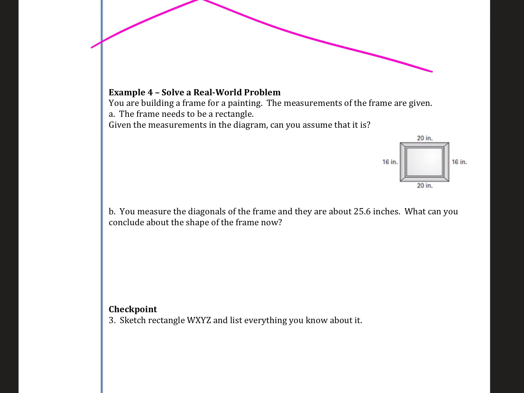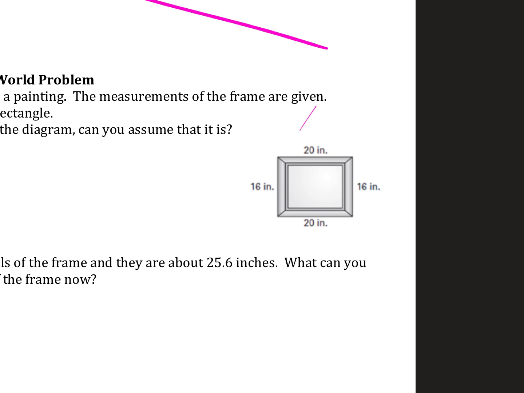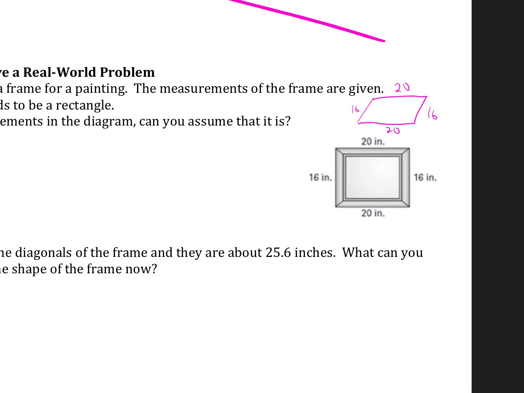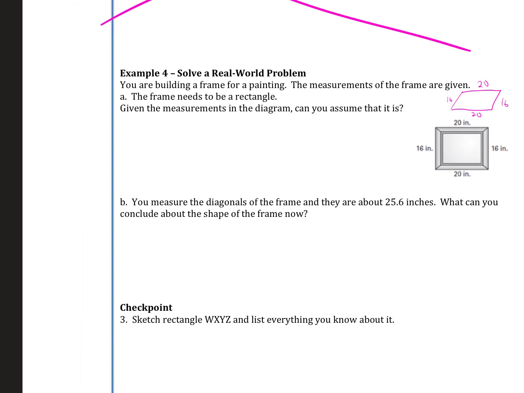What makes something a rectangle? Well, a rectangle is going to have 4 right angles. We can't really tell that these angles are right angles. We could, if I were to accentuate this a little bit, right? I could go like this to make it, this is 16, 16. It's a little bit more accentuated. Those are still basically the same thing, right? It doesn't say anything about the angles. So in this case, we cannot.